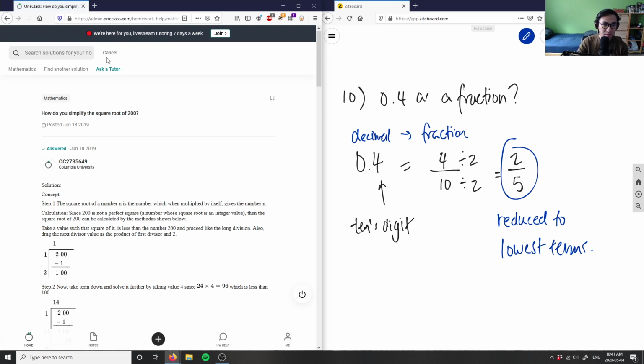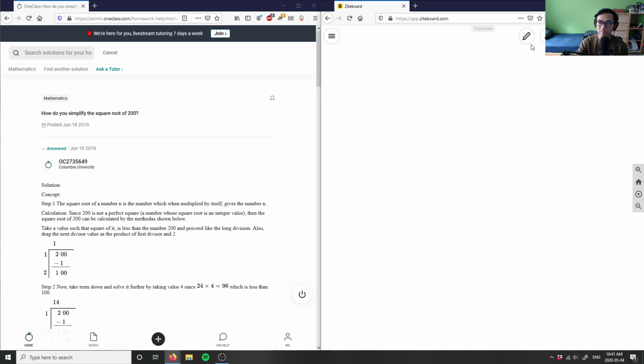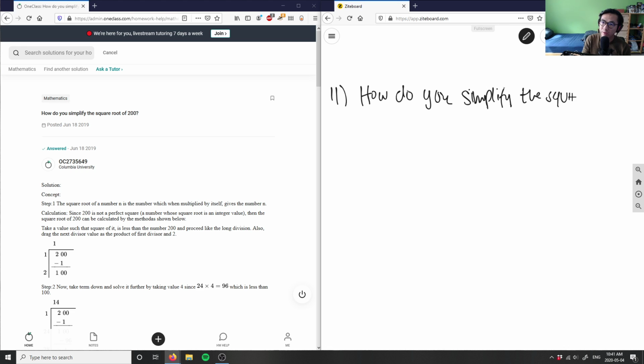And then finally, the last question here, question 11, I have how do you simplify the square root of 200? So let's see. Question 11. How do you simplify the square root of 200?